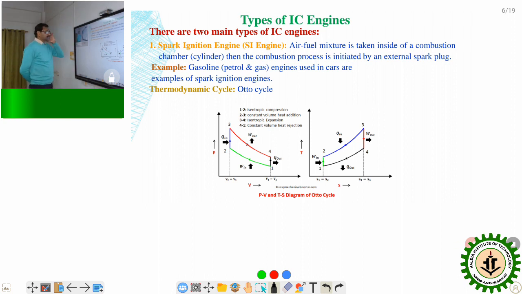Now, where are the petrol engine and diesel engine used? Spark ignition engines, meaning petrol engines, are used in, for example, two-wheelers and four-wheelers.